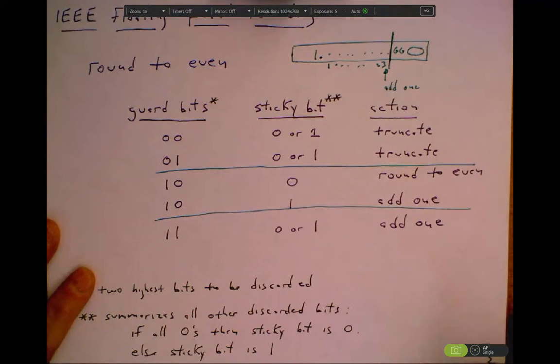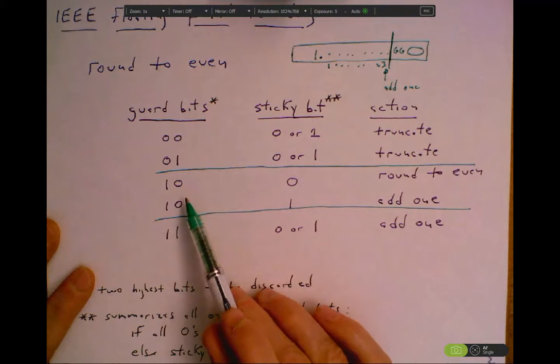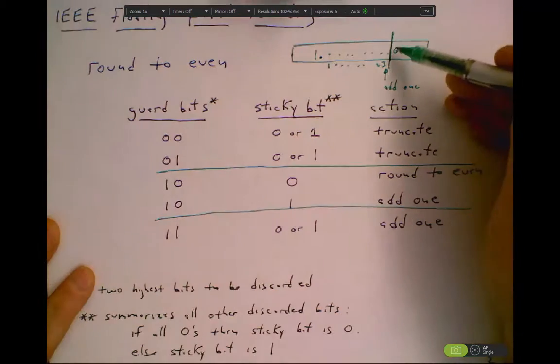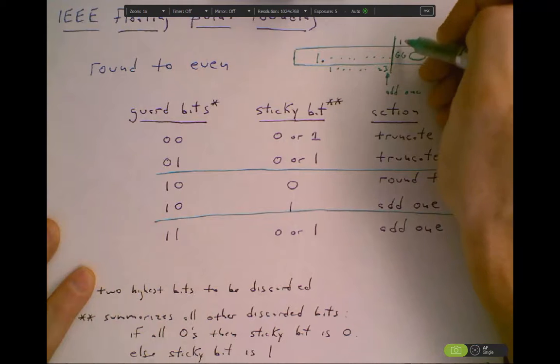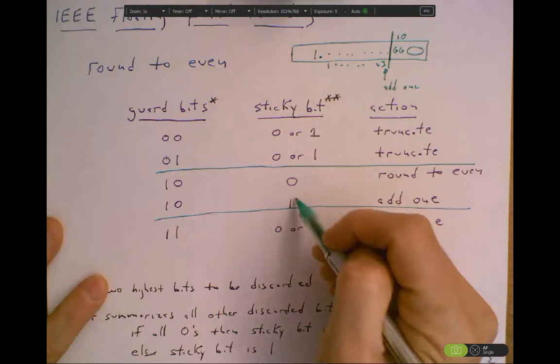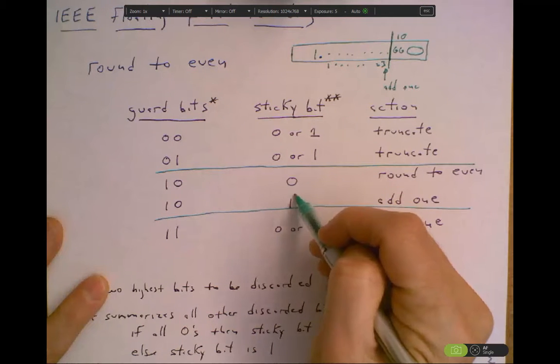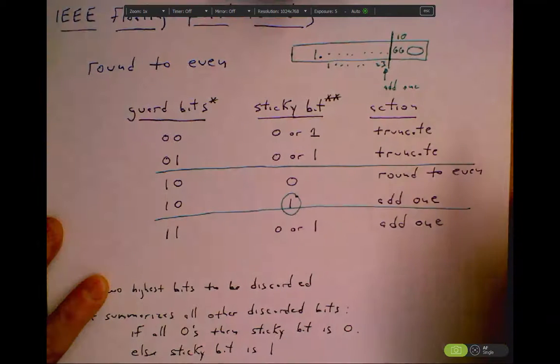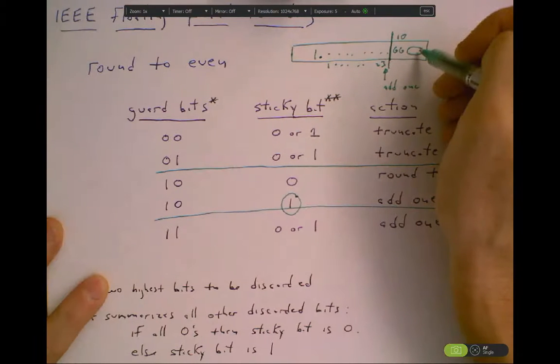The tricky thing is in the middle here, and this is where round to even comes in. If I have a 1, 0 in the guard bits, then that's exactly 1/2. And I'm not sure what to do. Well, one case is I look at the sticky bit then. If the sticky bit is 1, that means there's some 1 bit out in here somewhere.